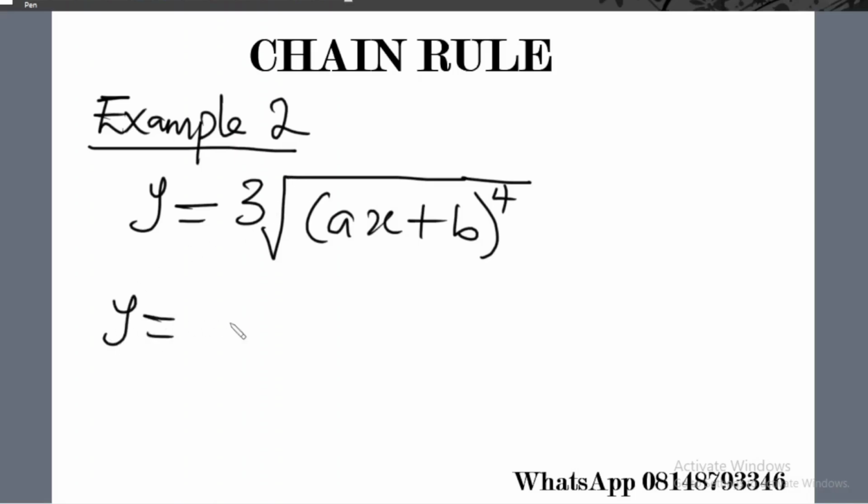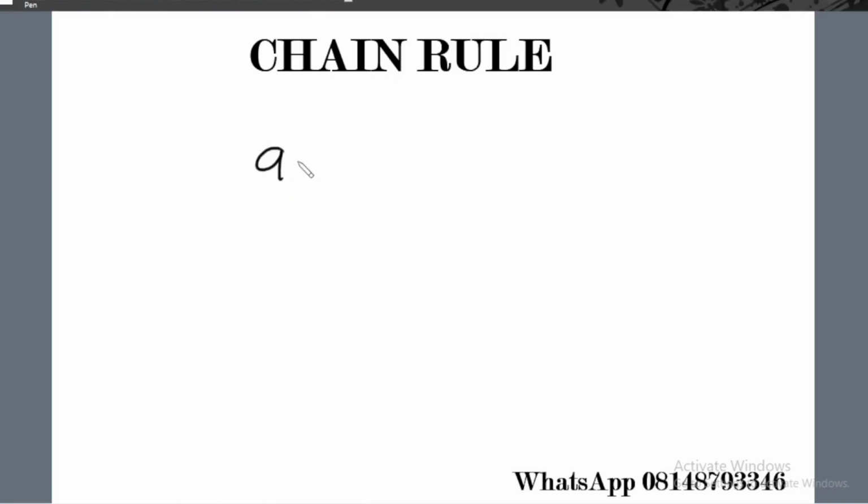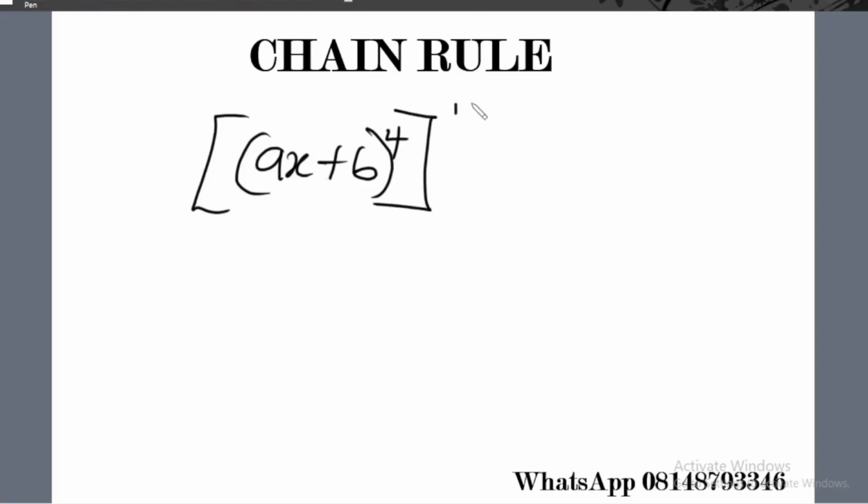Now recall, the square root of a equals a raised to power 1 over 2, and the cube root of a equals a raised to power 1 over 3. Therefore, the cube root of (ax plus b) raised to power 4 is this. So y equals this.